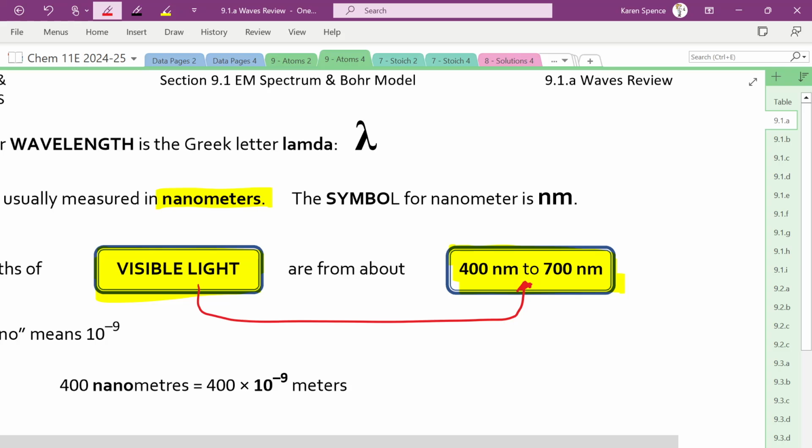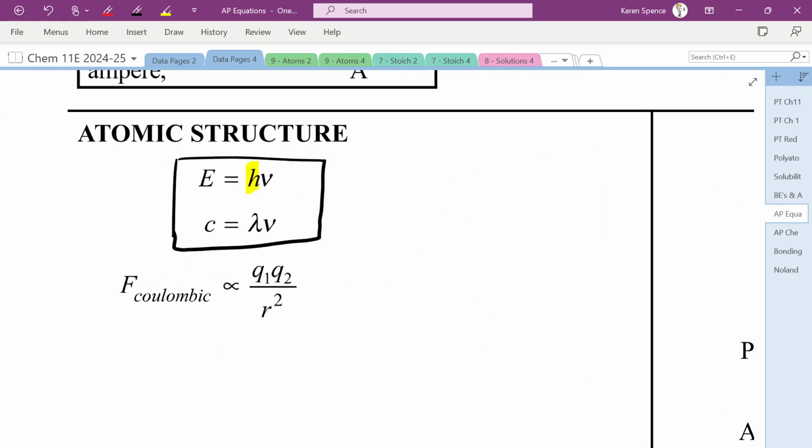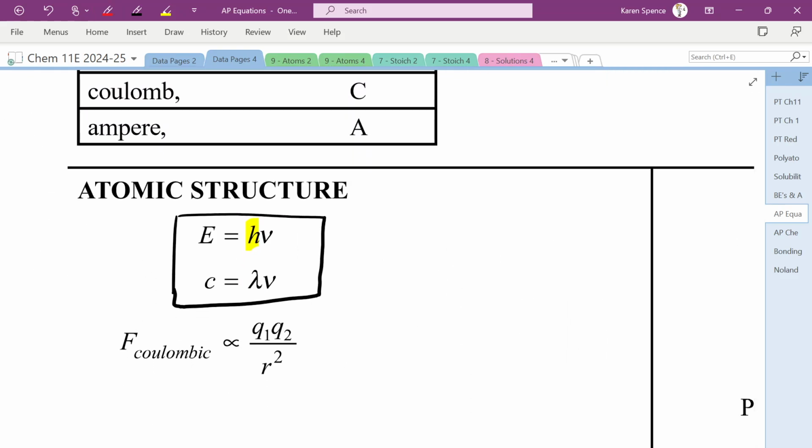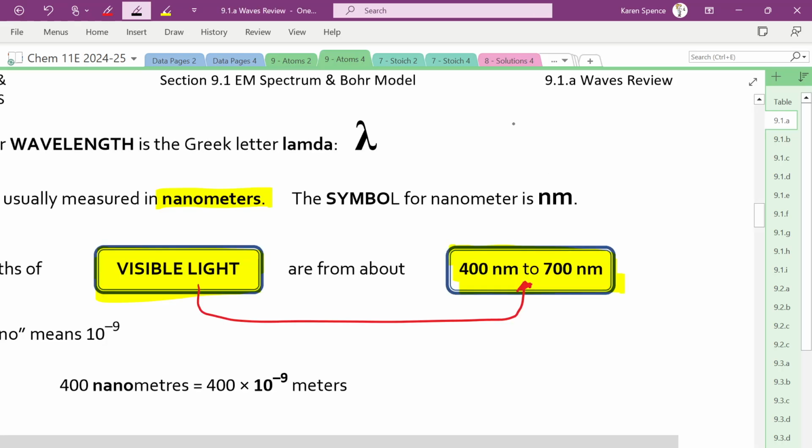Now, you should also be able to quickly convert that into meters, because if we go to use one of our formulas, say this one, and we combine it with this other one where we have energy, energy is in joules, yes? And a joule is equal to, does anyone know what it's equal to in its base units?